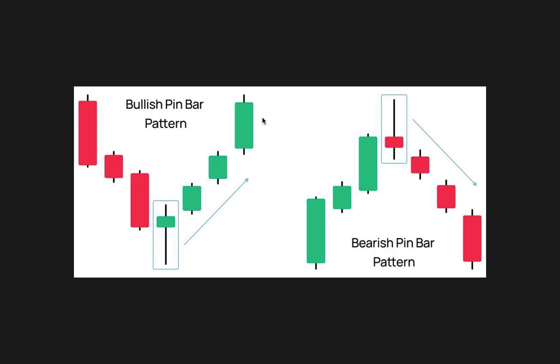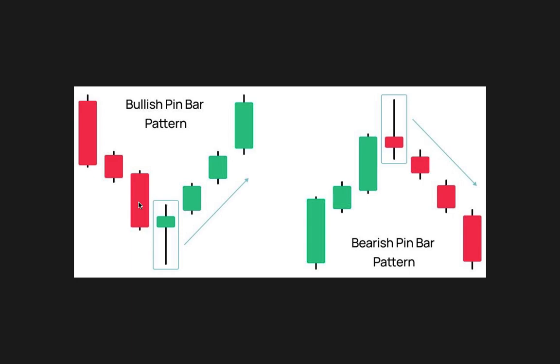When you identify a pin bar, it is possible for trend reversal or continuation after a pullback. When you spot them in your charts, let's say the market is going down and it reaches a certain level at your resistance or support, let's say a demand zone or supply.